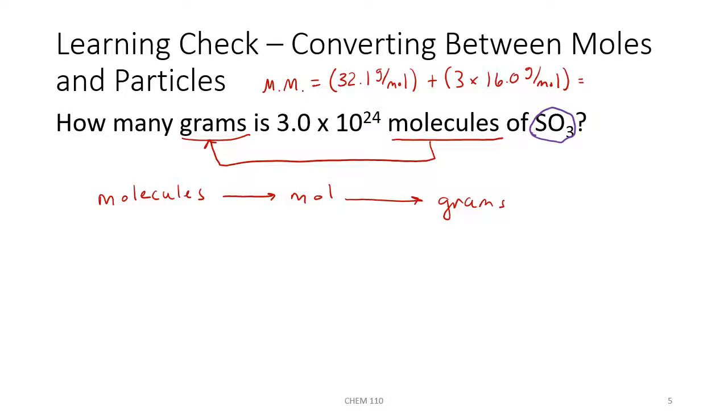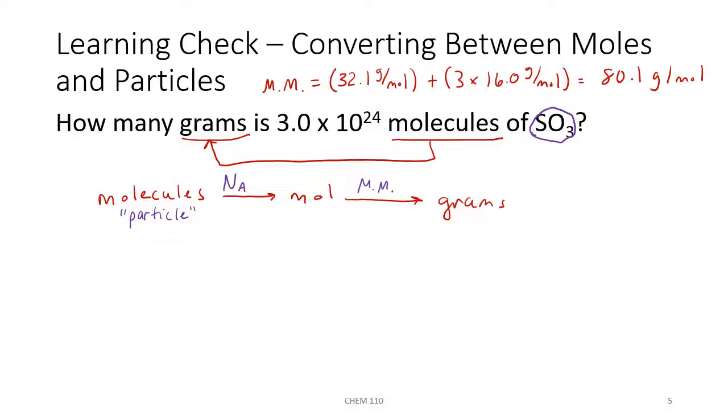We can calculate and get about 80.1 grams per mole for our molar mass. In order to convert between molecules, which is our particle unit, and moles, we're going to have to use Avogadro's number. And then to convert between moles and grams, we're going to have to use our molar mass we just calculated for sulfur trioxide.